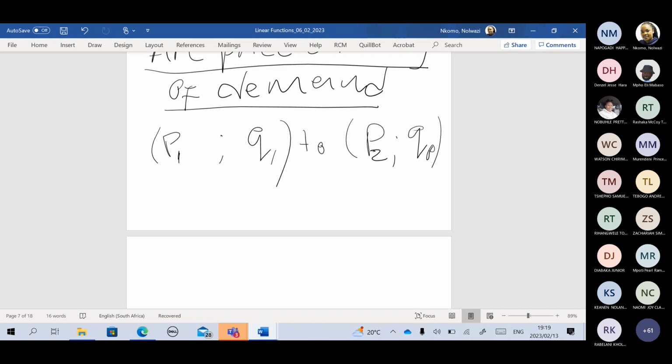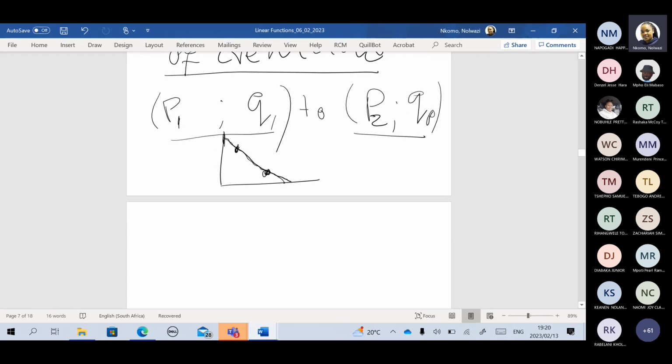Remember the demand function is a linear function, which means we have something like this. It's negative. These two points would be on the line, which forms the plot of the demand function that should be given.